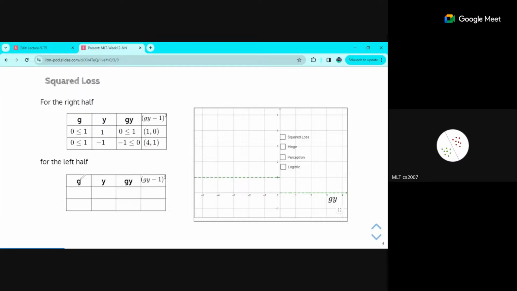We can take the other interval as well, which is the exact opposite case. My prediction W transpose X value is going to be in the interval -1 to 0, but my true label is 1. Again it's a misclassification, so the loss value will be in the interval 4 to 1. But if my true label is the negative class -1, then it's a correct classification, so the loss value will be 0 to 1.